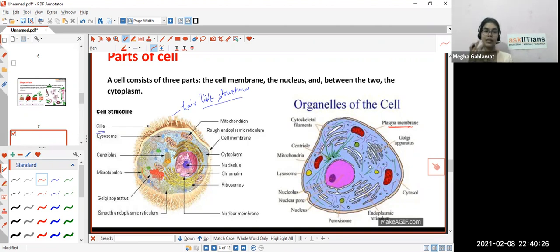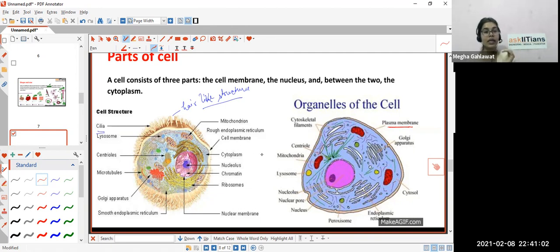Let's say my cells require a lot of fat molecules, oils and fats, in order to produce energy, or a lot of carbohydrates. In the sixth standard, you must have learned about the components of food, so you should remember what fats and carbohydrates are. My plasma membrane will see how much fat or carbohydrate is required in my cell, and only according to that requirement will it allow the molecules to pass through it inside the cell. So that is one thing.